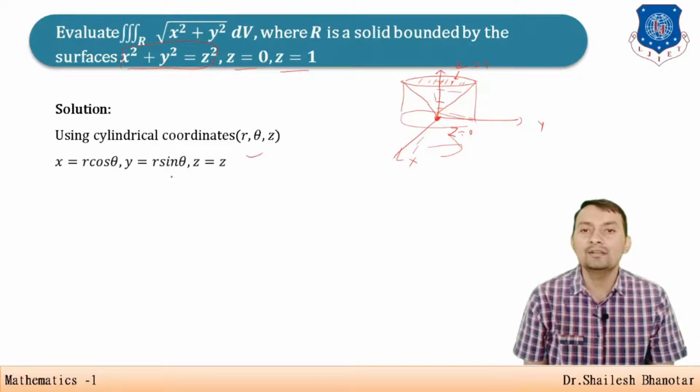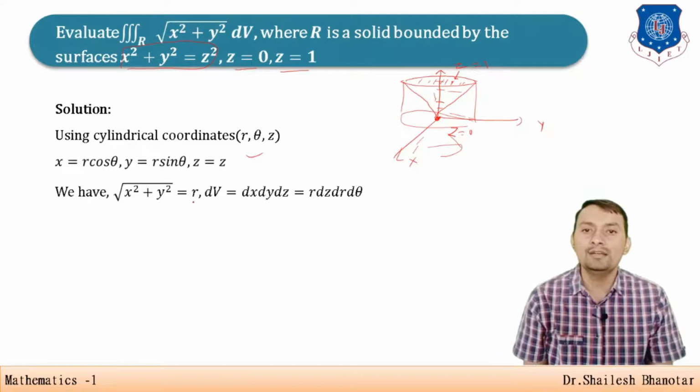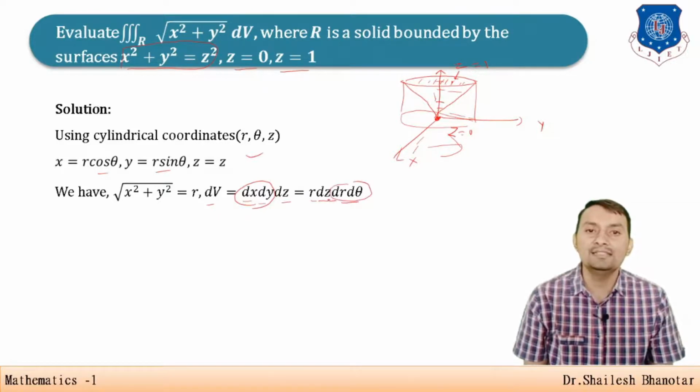These are the cylindrical coordinates. But we have the square root of x square plus y square, so x is replaced by r cos theta and y by r sin theta, so you will get r. So dv can be written as dx, dy, dz, but dx dy is nothing but r dr d theta, and dz is the same, there is no change.